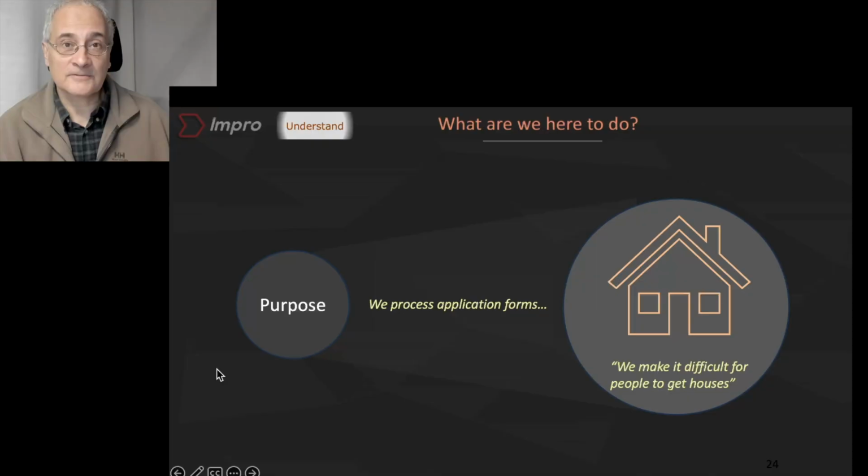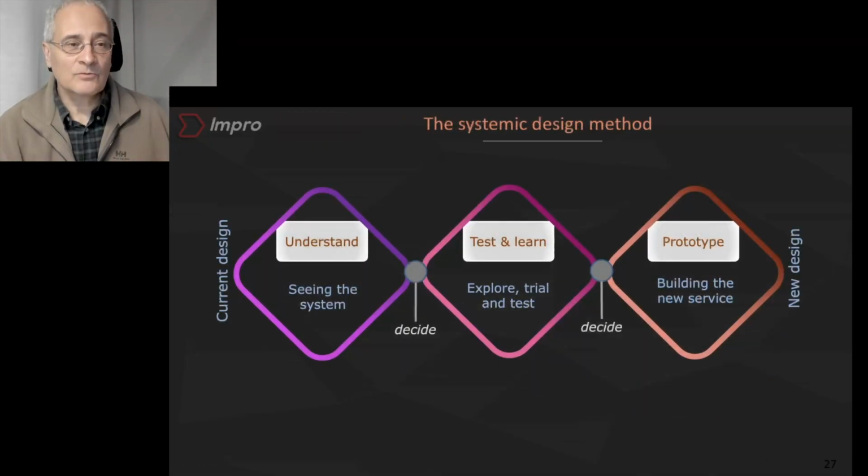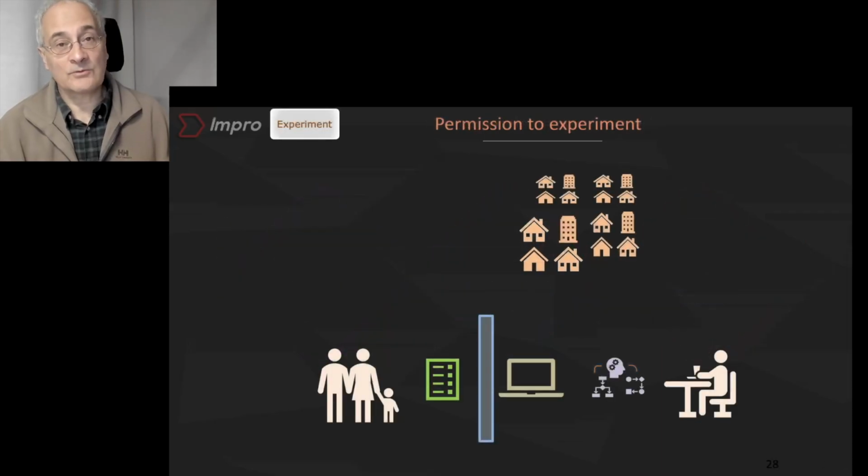We try our best. So we now completed the understand phase and we moved into the test and learn. And what test and learn is, we got the same group of people and we were given permission to bypass all the policies and the processes that the organisation currently uses. We don't need to use all the things that we currently use.